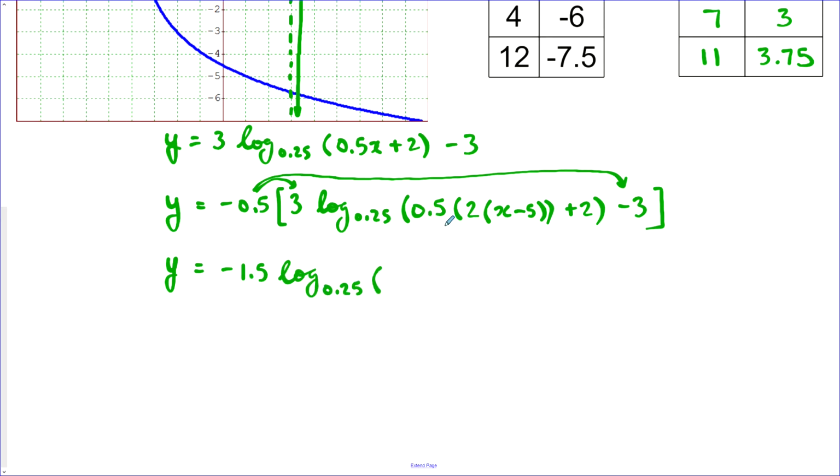Next, the 1/2 and the 2 here can cancel. So we're just left with x minus 5 plus 2, so that's just x minus 3. And then this times the minus 3 over here is plus 1.5. And there's the equation of our transformed graph. And now we could put this in our graphing calculators, get a table of values or the sketch from there.